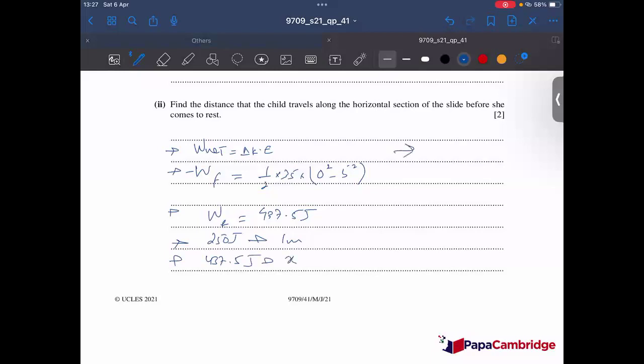Amna? Yes, sir. Just divide 437.5 by 250 to get x. 1.75. 1.75. Is it clear or not? Yes. Oh, that's great.